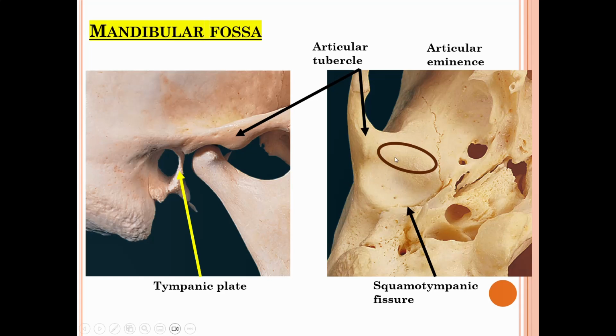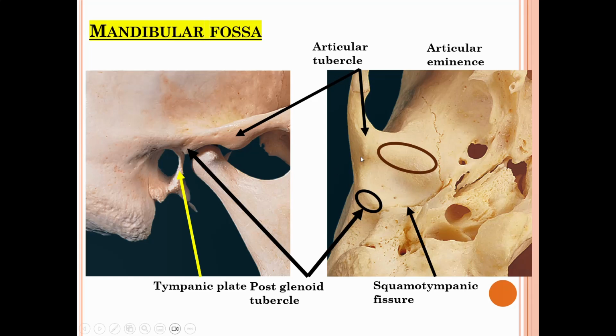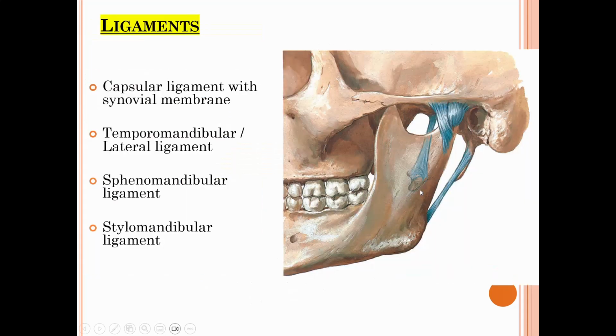All these belong to the temporal bone, and all these contribute to making the one cavity. Here you can see the postglenoid tubercle also. Here you can see the fossa, and all the remaining are its parts, all related to forming the fossa where the head of the mandible will be articulating, forming the temporomandibular joint.